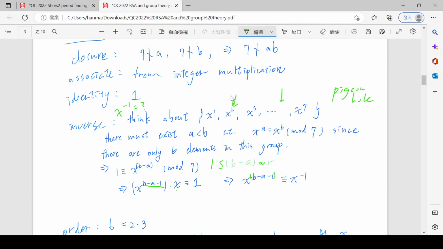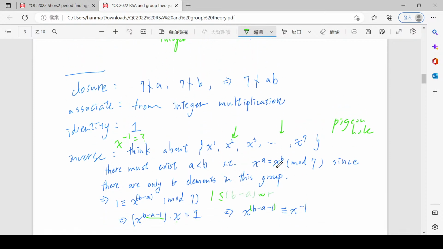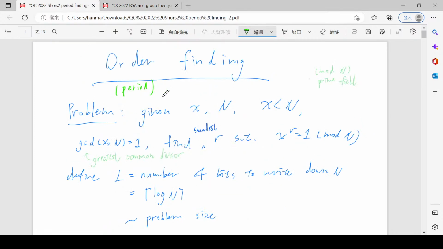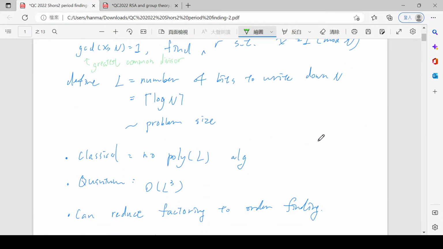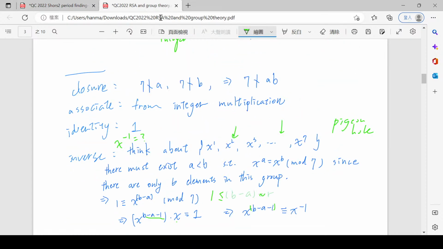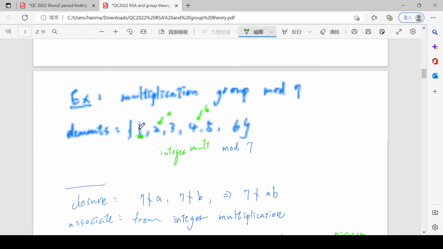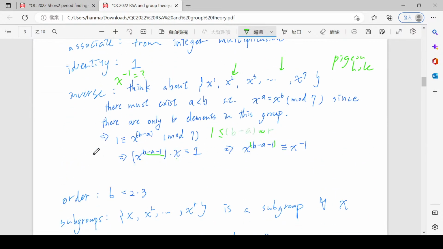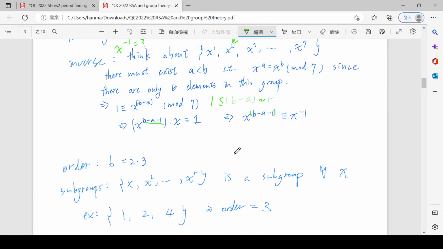So this will be a subgroup of this multiplication group, just all the things that are some power of x, and we're finding the order of the subgroup, so that's called order finding. But we are also thinking of this as the period of some periodic function, so it's also called period finding. Anyway, that's why this is a group, because it satisfies all those 4 relationships.